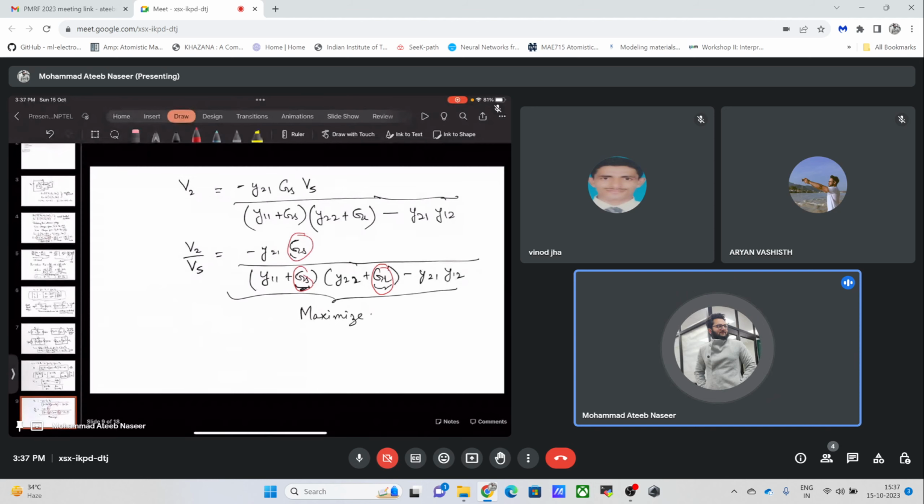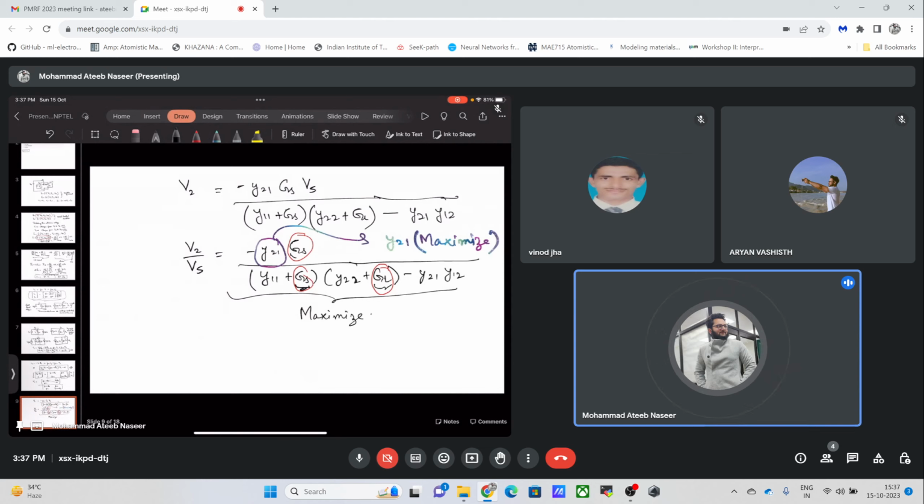In order to maximize the gain, I need to maximize y21. We want to get as much current at the output as we can. So we need to maximize y21, or we need to make the denominator 0.